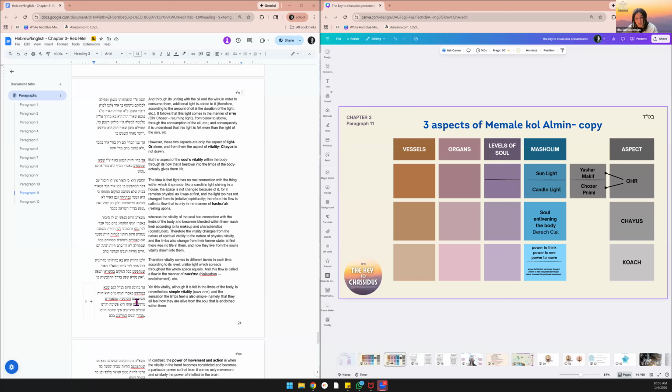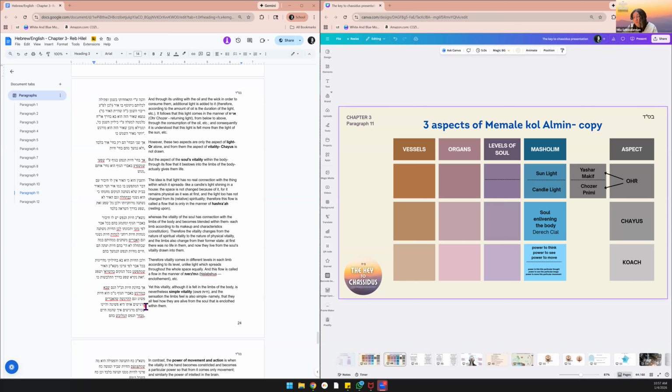The heart is pumping, the lungs are breathing, and that's it. There's no individuation happening in the brain or the body, no movement or anything like that. So that's a simple vitality. They just lie in a coma, and that's it. So they have the chayus, but they don't have the koach yet revealed within the body.